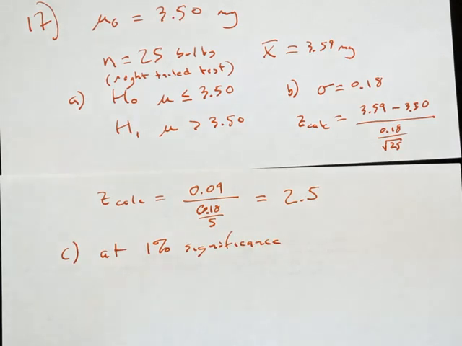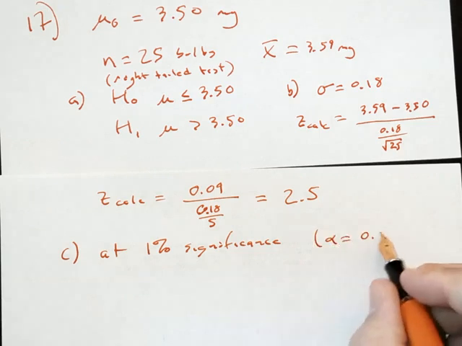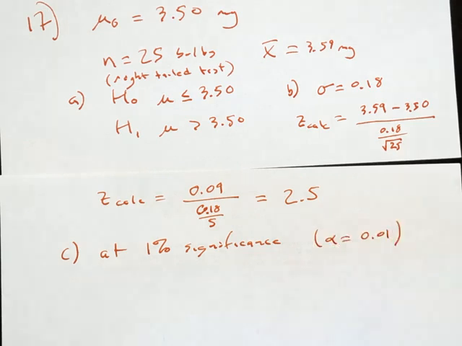Do I reject or not reject the null hypothesis? Okay, wait a minute. Significance is alpha. Alpha equals 0.01. That's 1%. Do I reject or not?